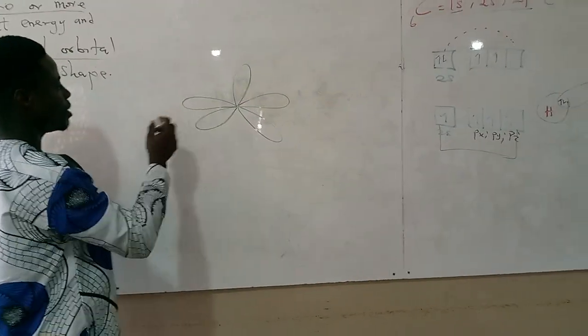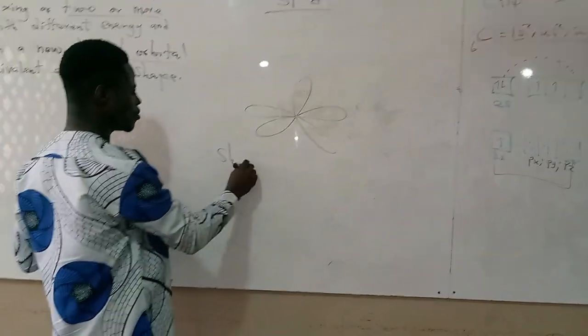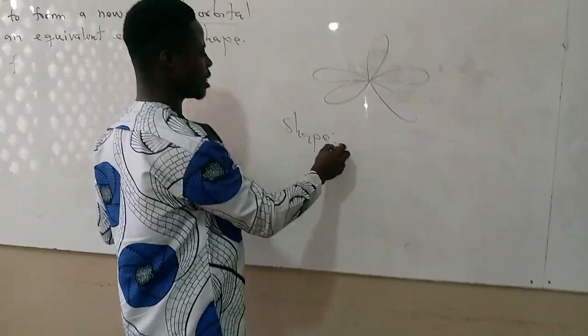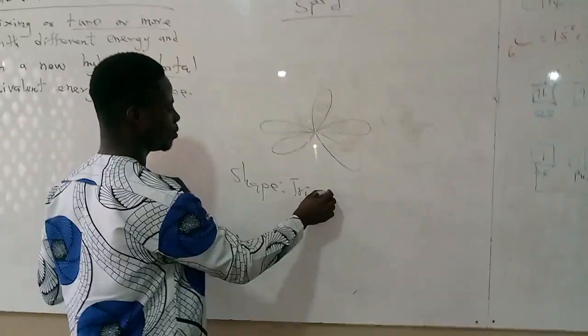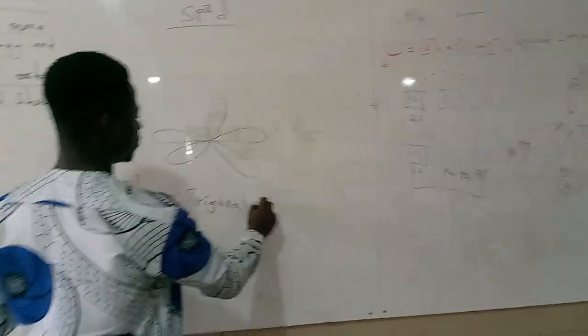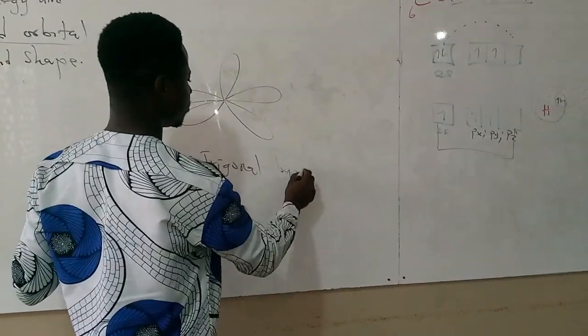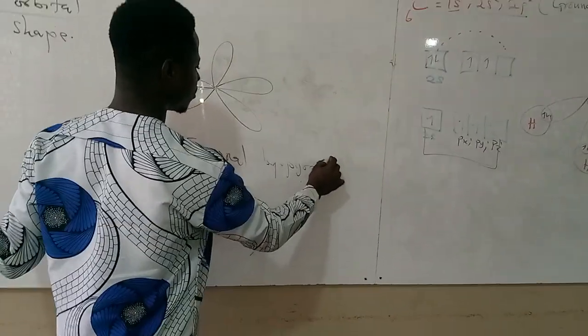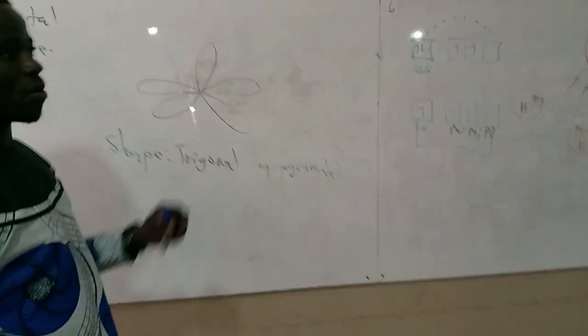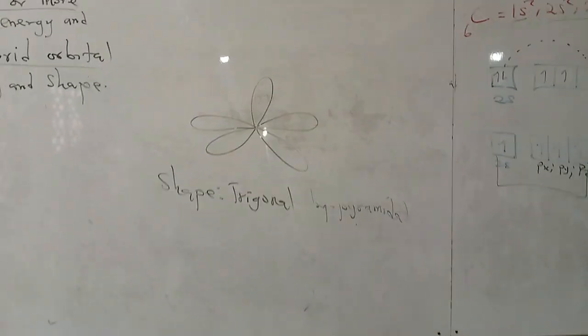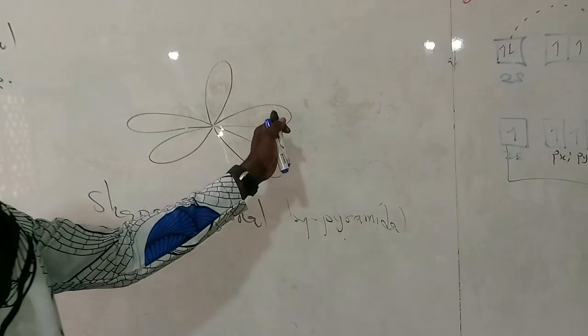So we want to look at the shape of what you are seeing. This has formed what we call a trigonal bipyramidal.